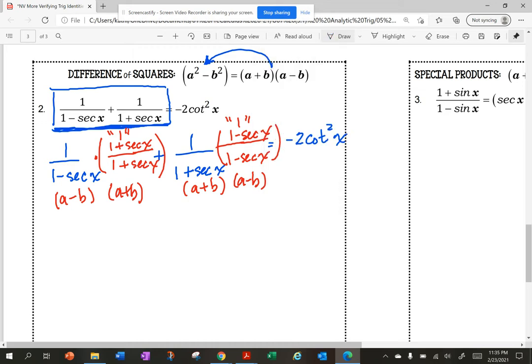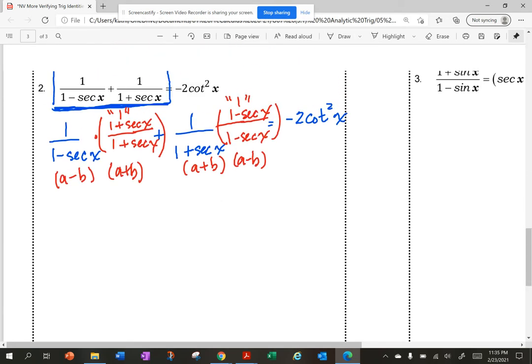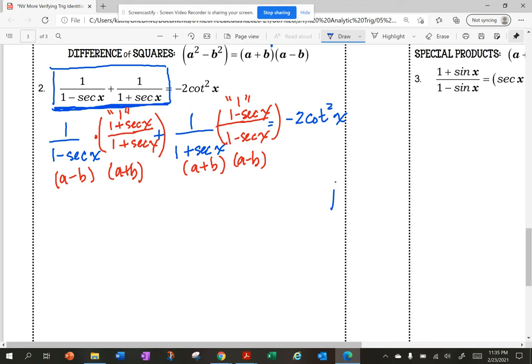In the numerator, I have 1 plus secant of x plus 1 minus secant of x.